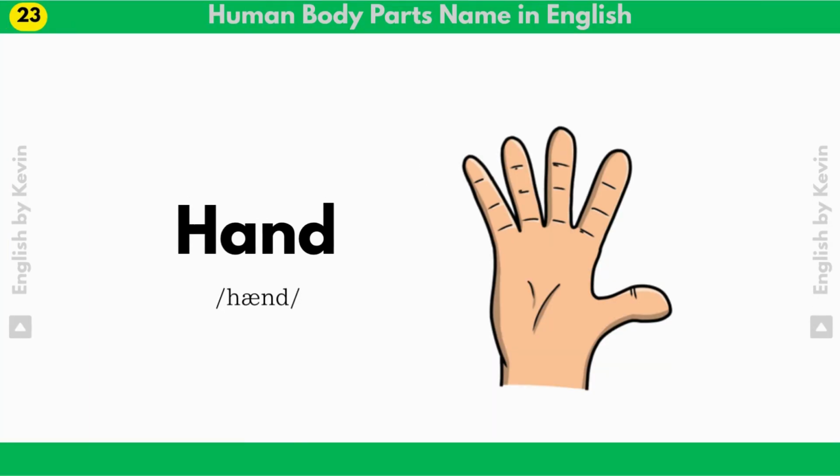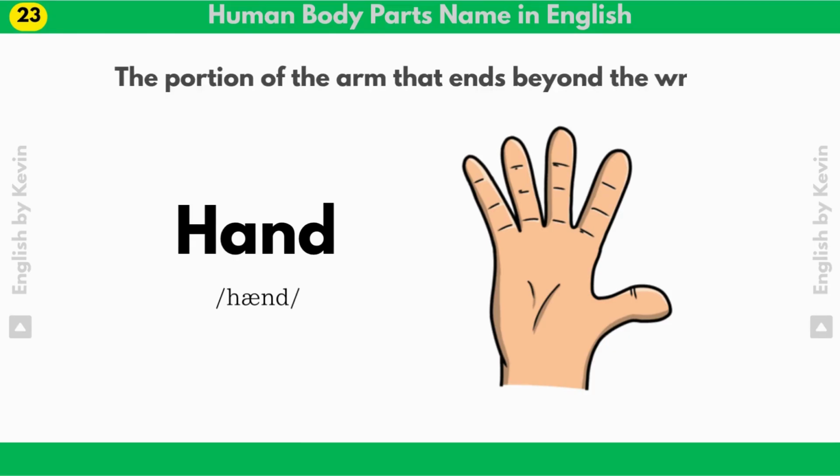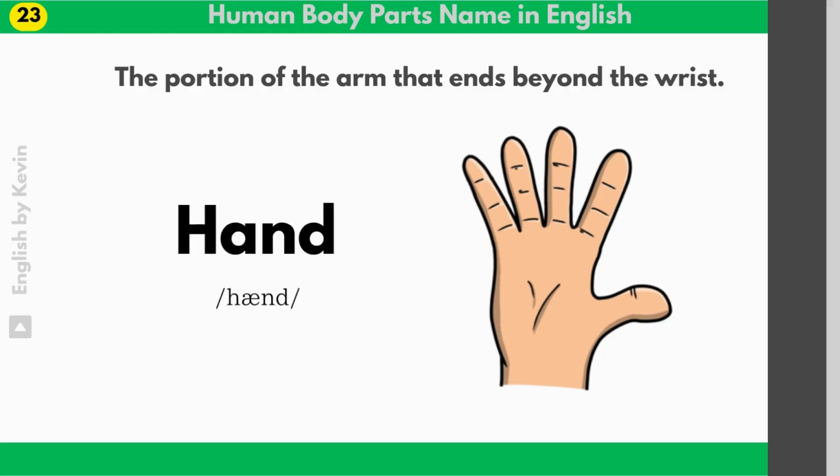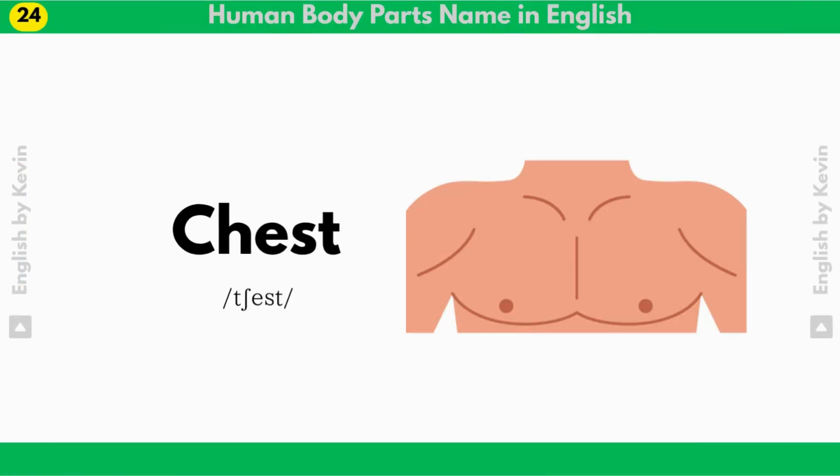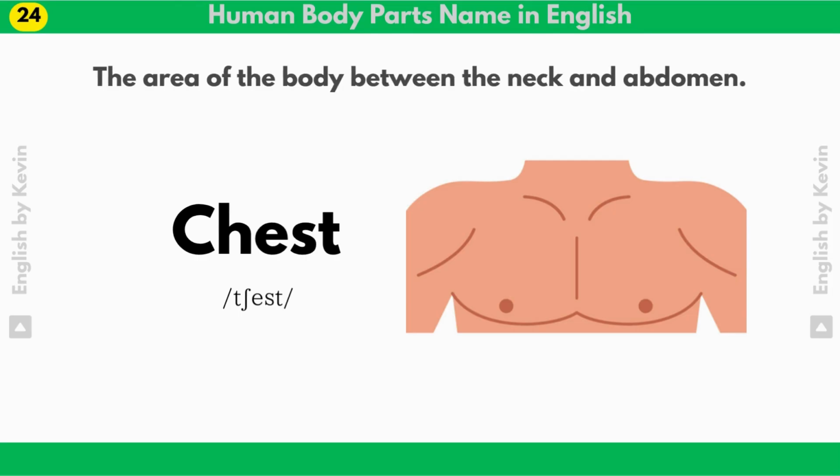Hand. The portion of the arm that ends beyond the wrist. Chest. The area of the body between the neck and abdomen.